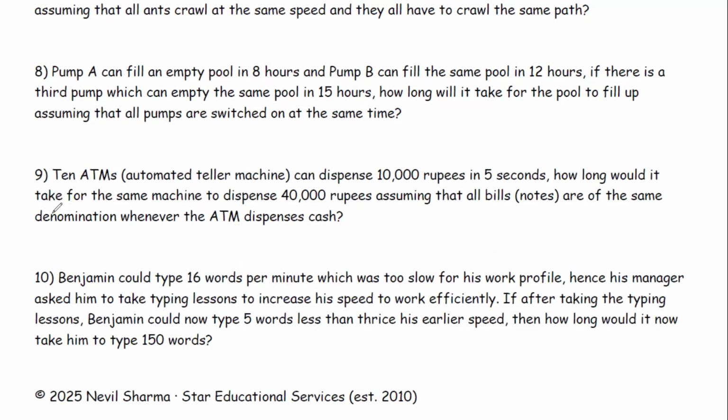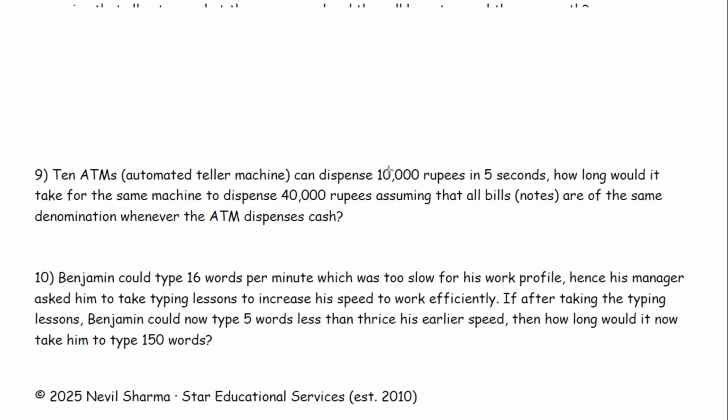Okay. Ninth one. 10 ATMs can dispense 10,000 rupees in 5 seconds. How long would it take the same machine to dispense 40,000 rupees, assuming that all bills, meaning all notes, are of the same denomination?